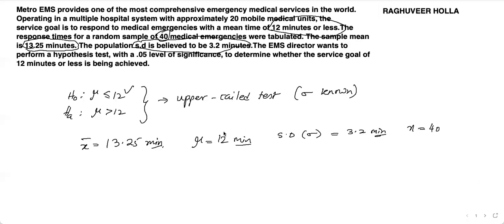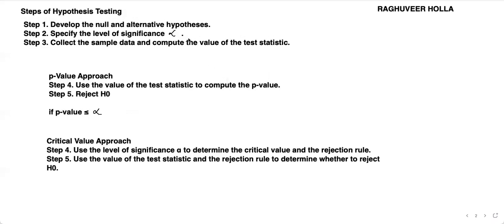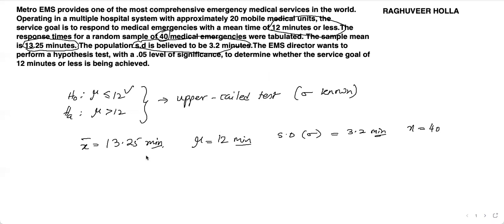Next, we have to see this alpha value or the level of significance. So that would be, this is one.